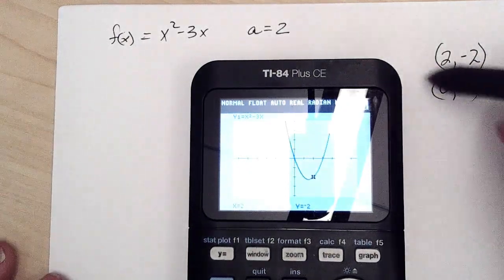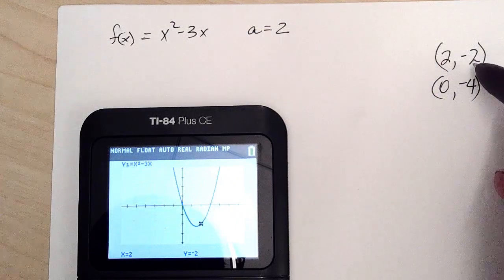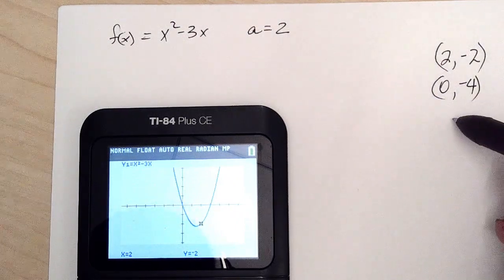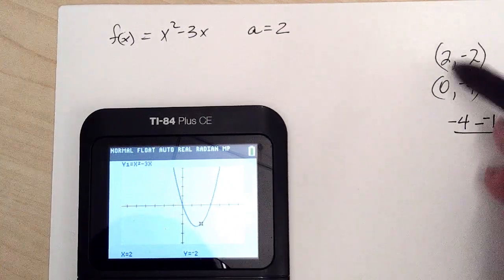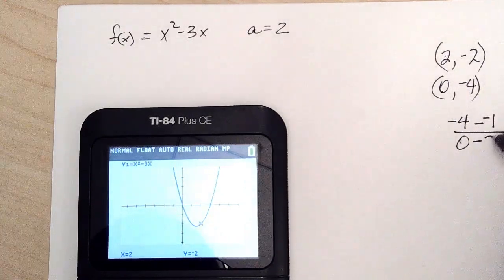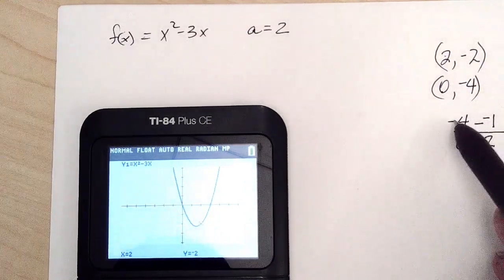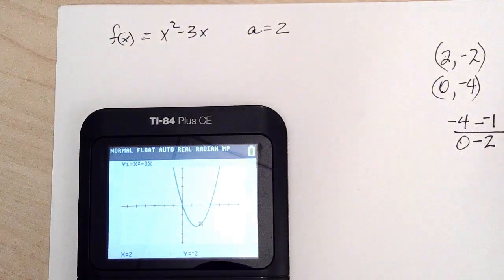Now, what is the slope between these points? I'm going to take y2 minus y1 over x2 minus x1, and I get negative 4 plus 2 over 0 minus 2, which is negative 2 over negative 2... a slope of 1.5.